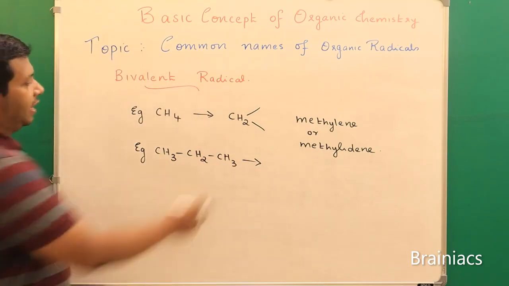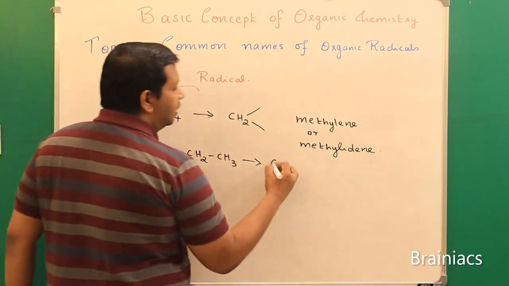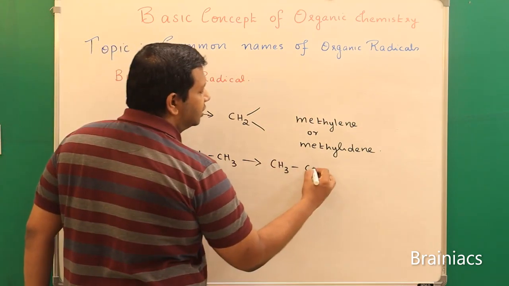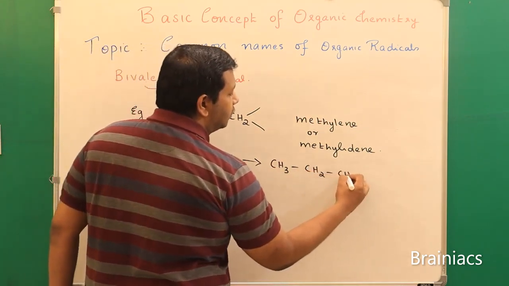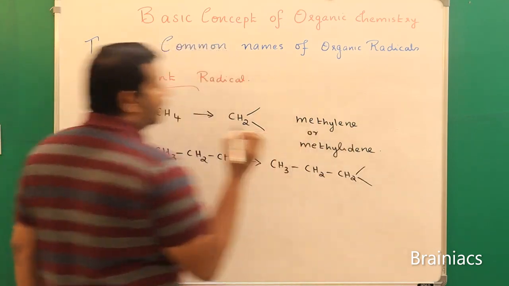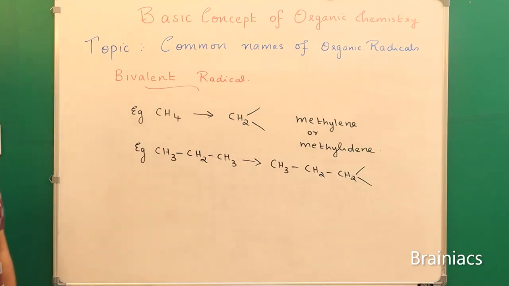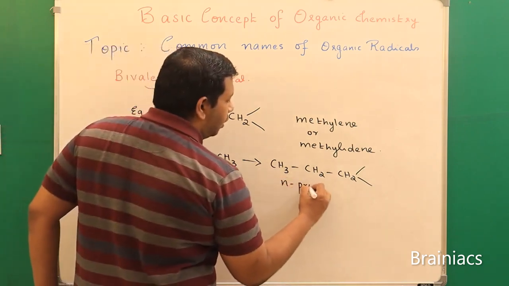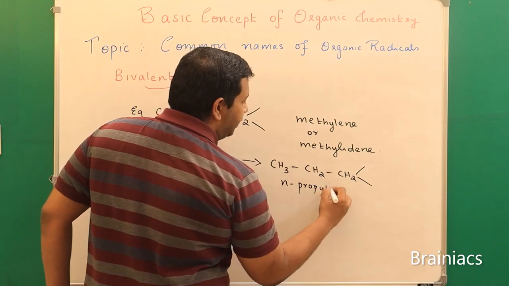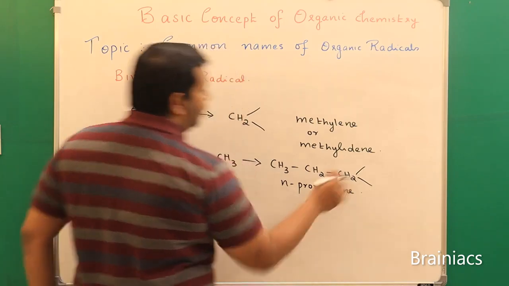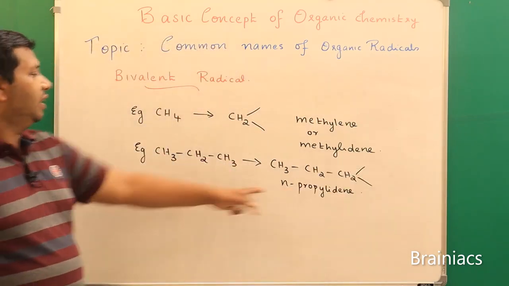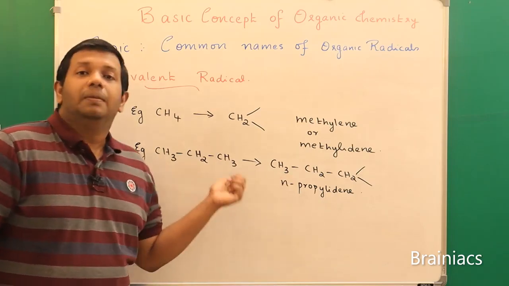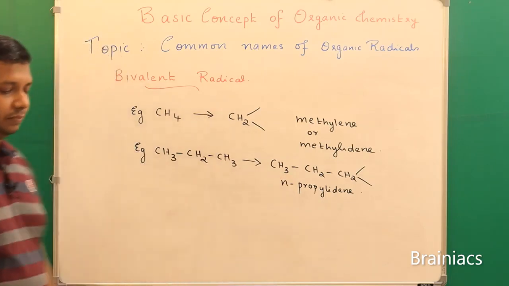So from the propane, again from the terminal, I am trying to remove the two hydrogen atoms, CH3CH2CH, like this. Now can you tell me the name of this compound? So this will be called normal propylidene. Why? From the same carbon atom. And why are we saying normal? Because branching is also possible.